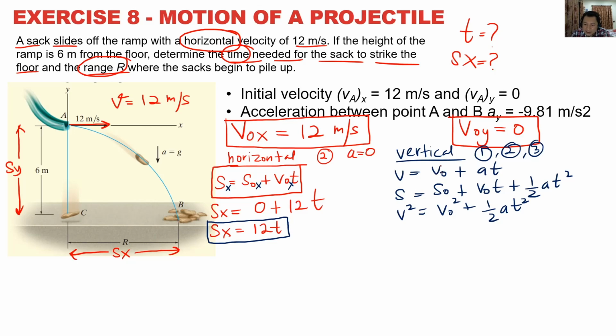We know that the original velocity is 0, but we don't know Vy. These are all y. I don't think it's very useful. The useful one is probably equation number 2 or equation number 3.